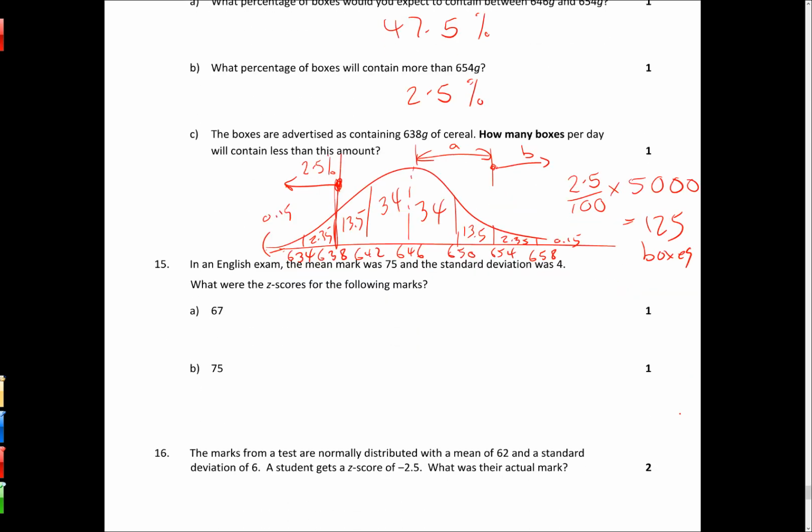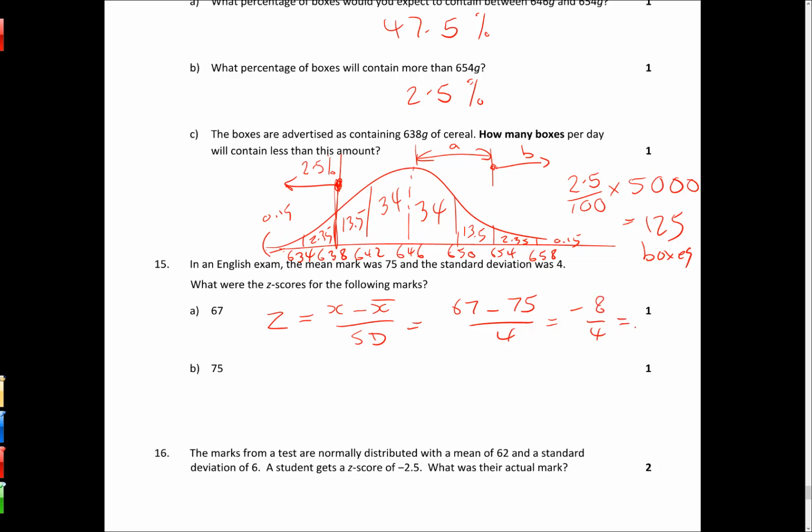Now I've got an English exam, the mean mark was 75 and the standard deviation was 4. What were the Z scores? We've already played with the Z score formula. We said Z was equal to score minus the mean over the standard deviation. So if the score was 67 minus a mean of 75 over a standard deviation of 4, 67 minus 75, that's got to be minus 8 on 4.